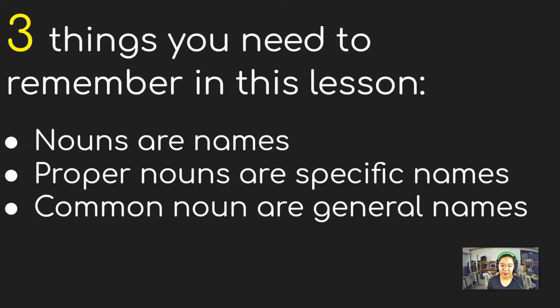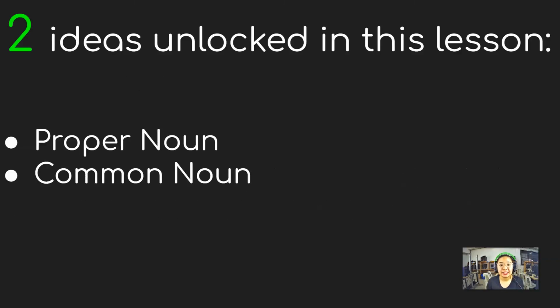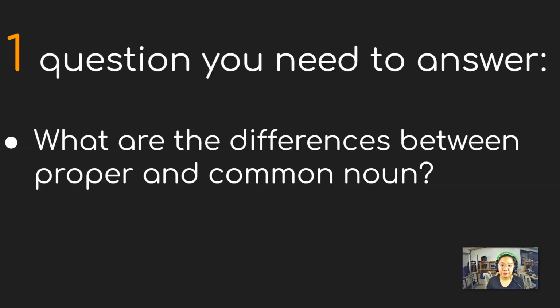Next, proper nouns are specific names. And last, common nouns are general names. For number two, ideas unlocked in this lesson are proper noun and common noun. And for the last one, again, there is a question that you need to answer. And the question is, what are the differences between proper and common noun?